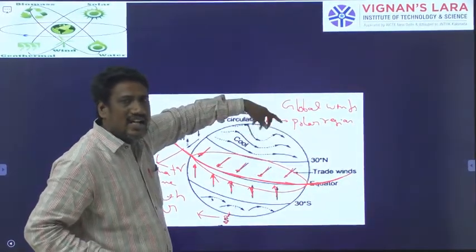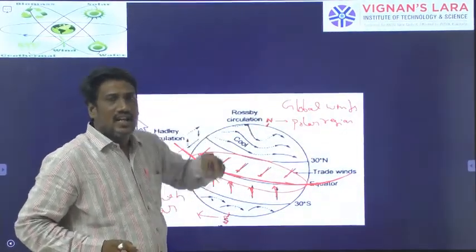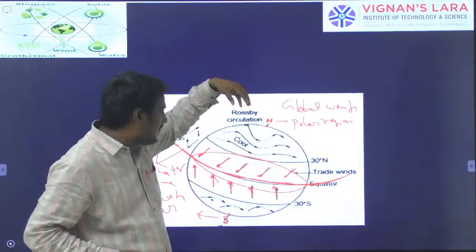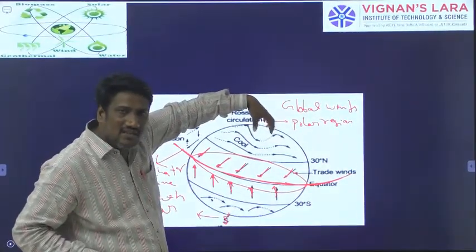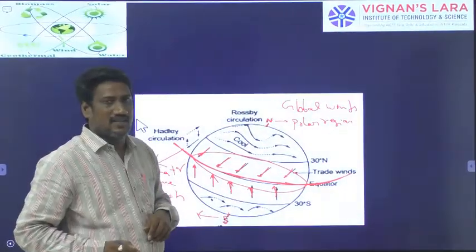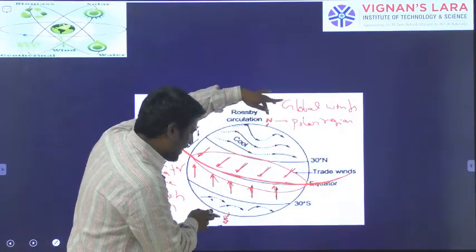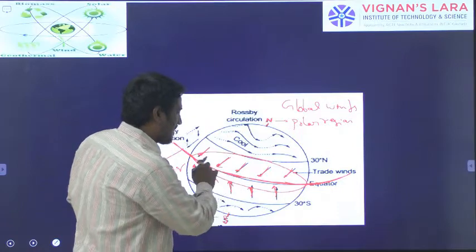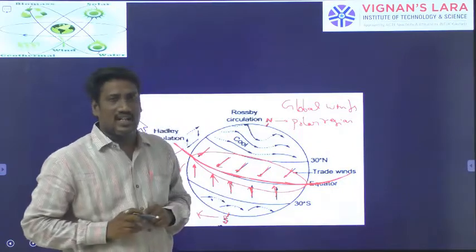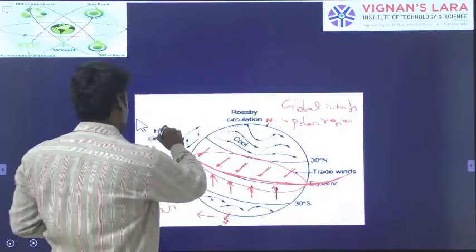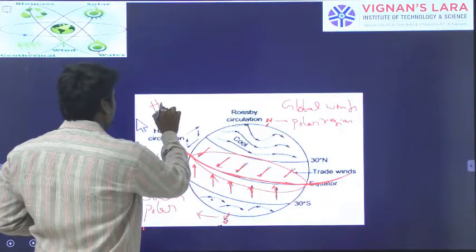This orientation is because the earth is continuously spinning. So a force that can be called the Coriolis force will be applied on the wind because of the spinning of the earth. The Coriolis force, you can say that. So here what is happening? From the northern and southern areas, cool air will come and replace the hot air at the equator line, which is called Hadley circulation. You can see here Hadley circulation.